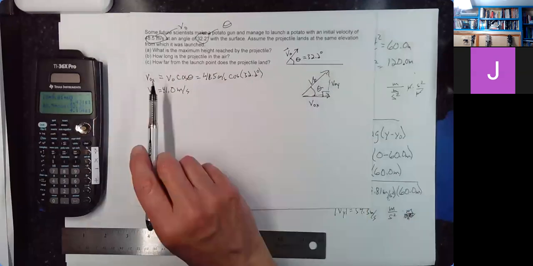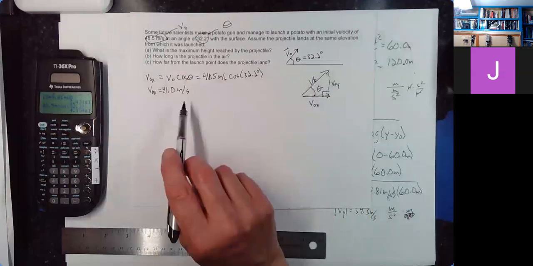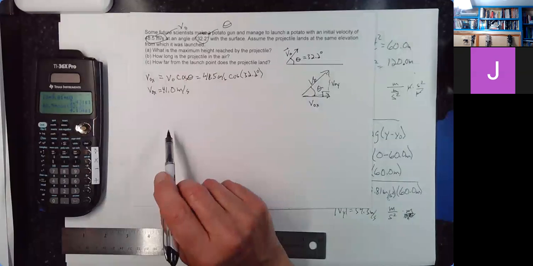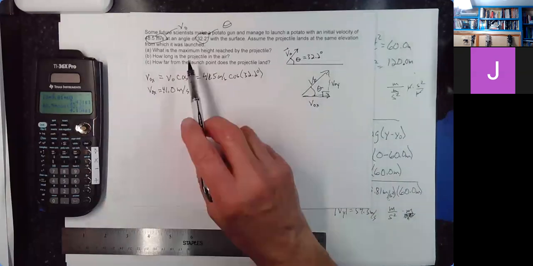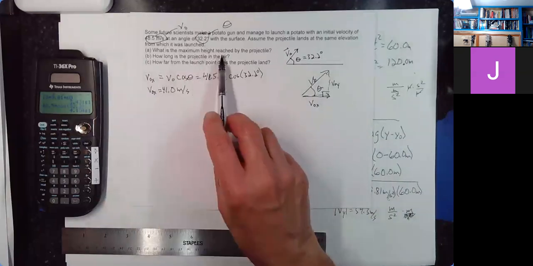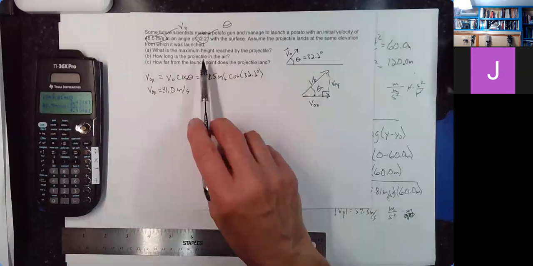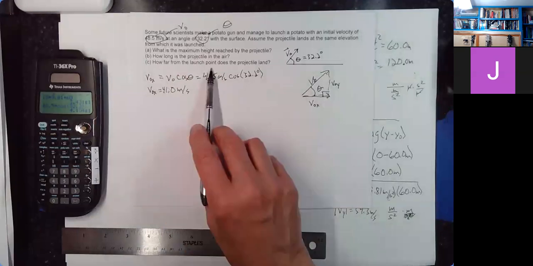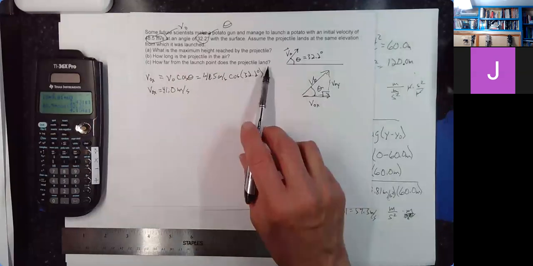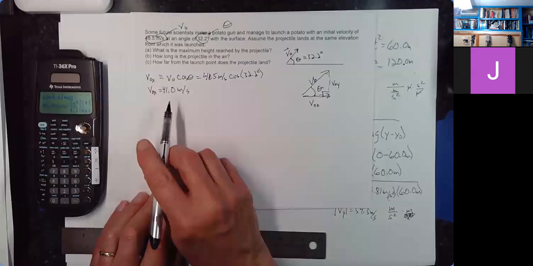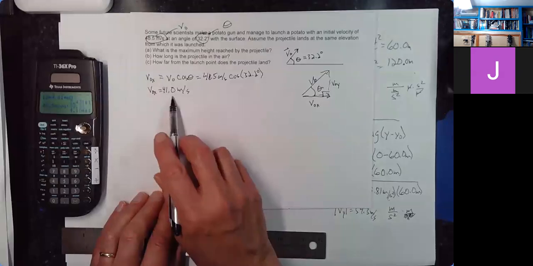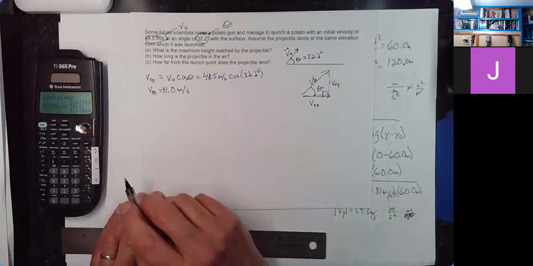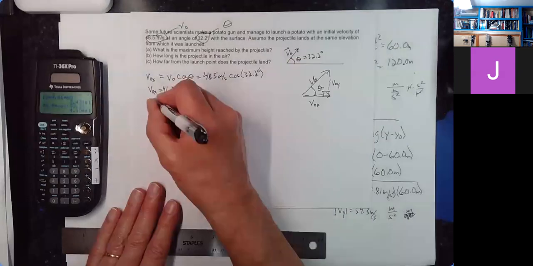Now, this is kind of preliminary work that I do on a lot of projectile motion problems, figuring out V naught X and V naught Y. And I'm sort of looking ahead here. It says, what's the maximum height reached by the projectile? How long is the projectile in the air? And how far from the launch point does it land? That's moved sideways. So I'm going to need to know this for that last part, so I'll figure it out at the start.